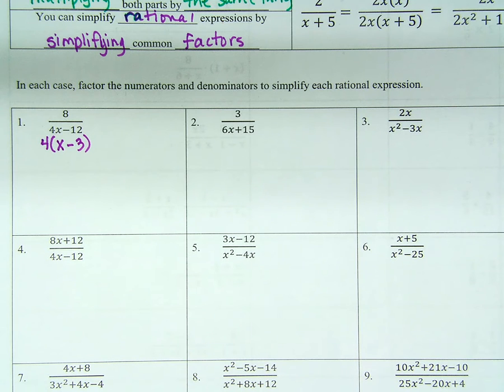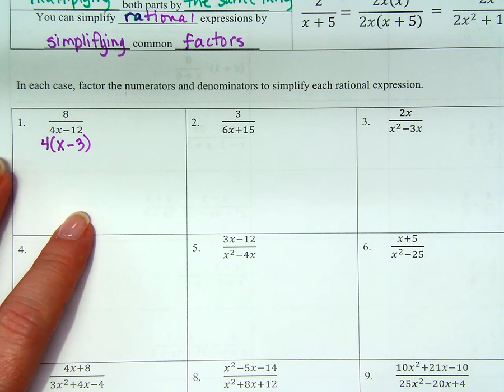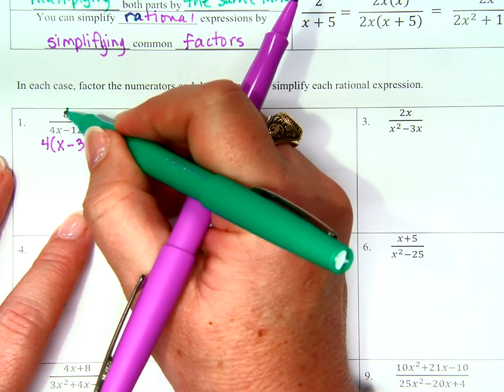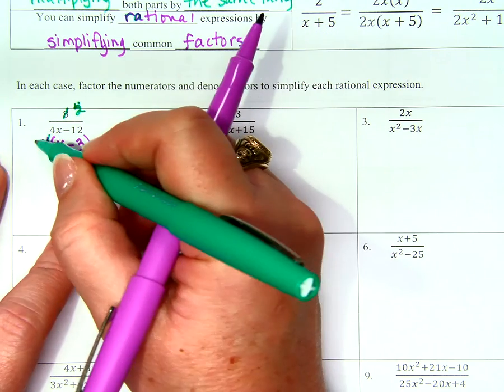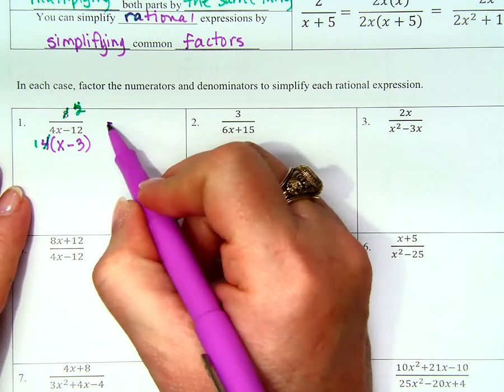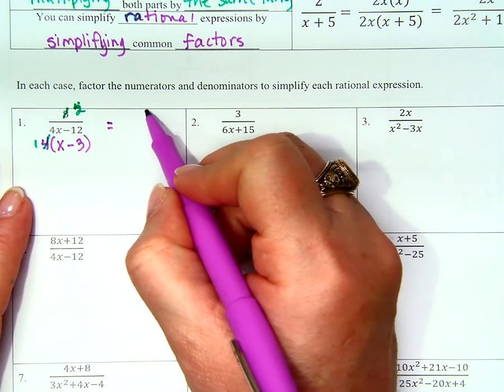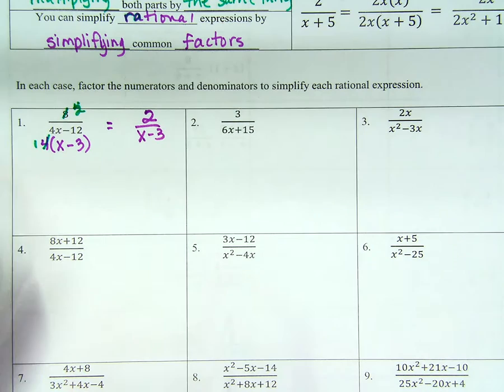So can I simplify this fraction? Is there something in the numerator and the denominator that has a common factor? What is it? The 8 and the 4 are both divisible by 4. So if I divide both of them by 4, I'm left with a 2 in the numerator and a 1 in the denominator, right? So what's left when I simplify that? Perfect. 2 over x minus 3.